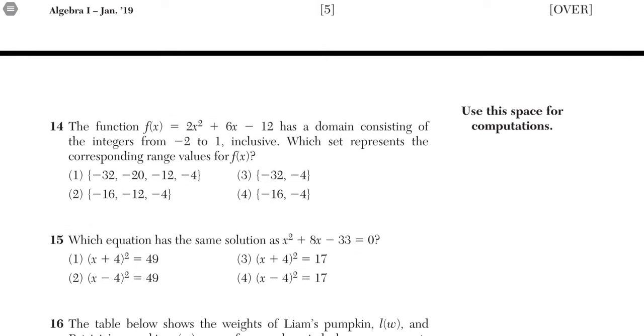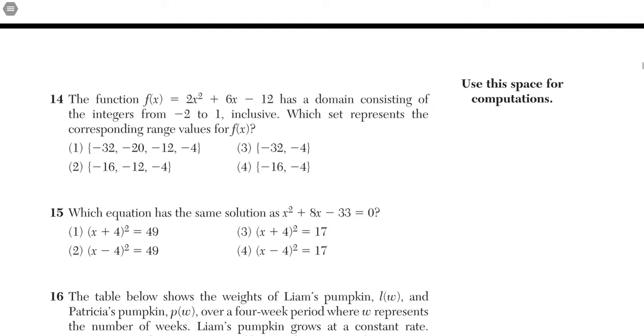Domain is the possible x values, range is the possible y values. So if the domain is the integers, meaning the whole numbers, from -2 to 1, what's the range going to be? To find that, I can just graph this and see what the y value will be for every x value from -2 to 1.